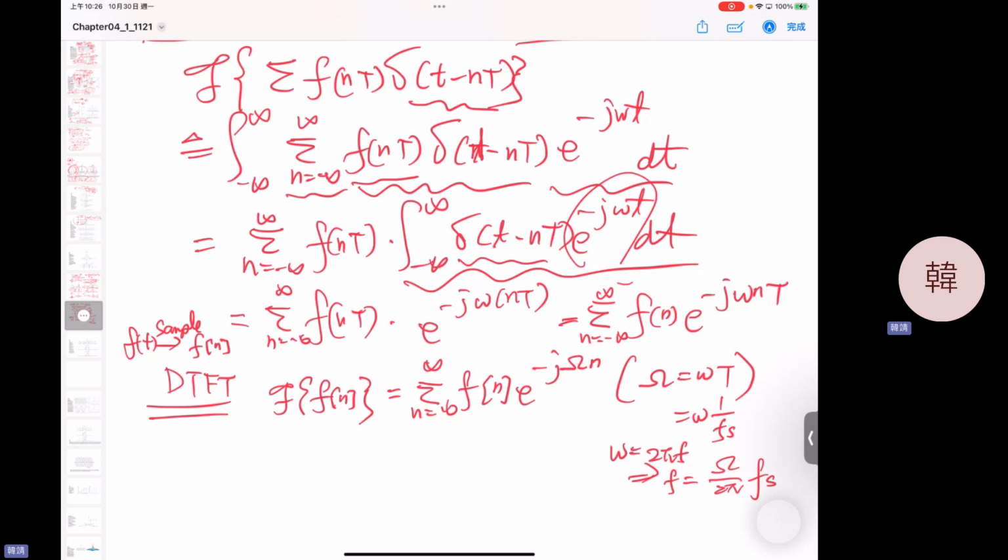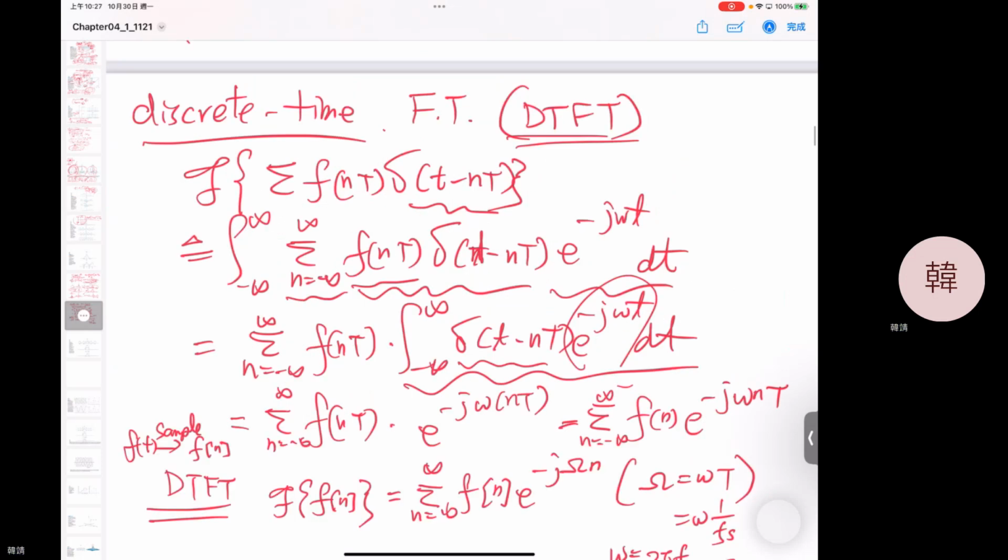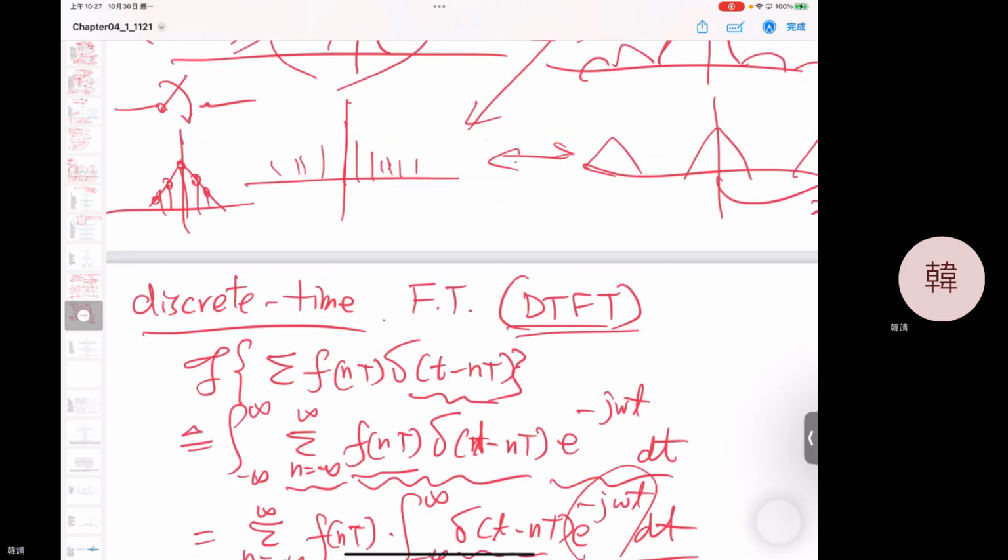Just to give you a sense. And what's next? See, our sampled signal transformed into the Fourier domain becomes continuous. This type.